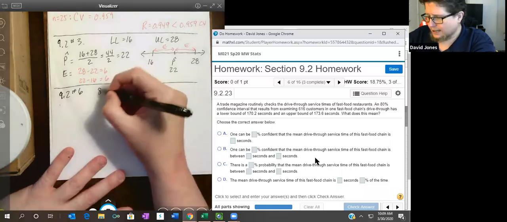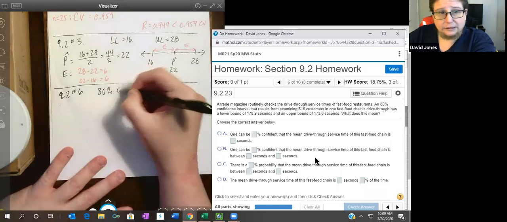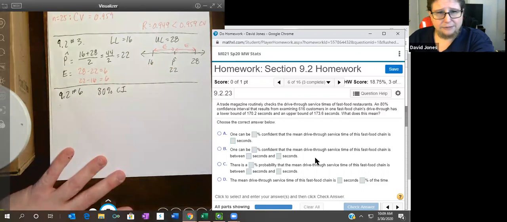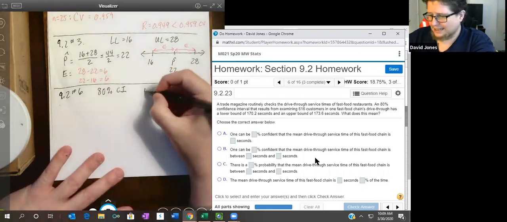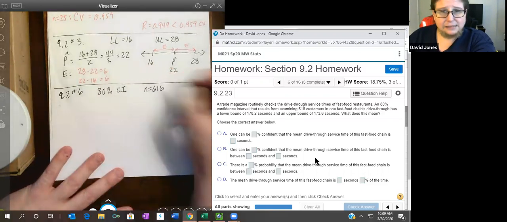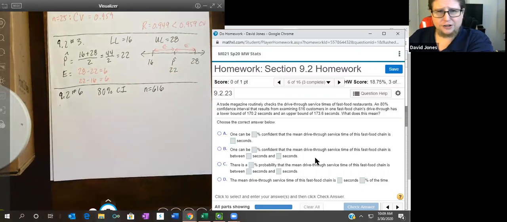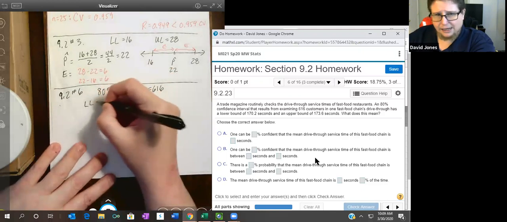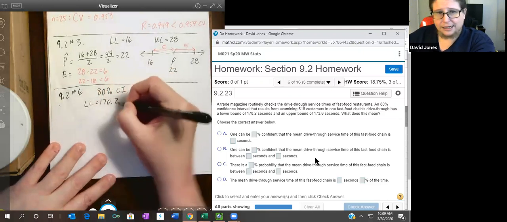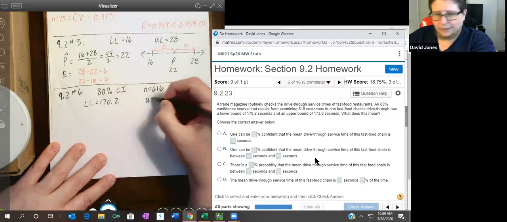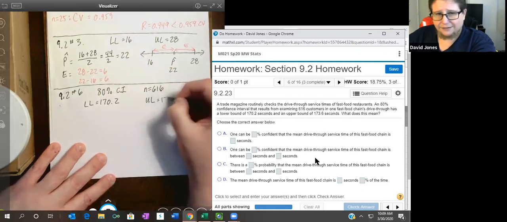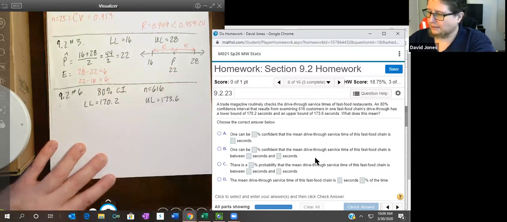An 80% confidence interval that results from examining 616 customers, that tells me n, in one fast food chain drive-through has a lower bound of 170.2 seconds and an upper limit of 173.6 seconds.